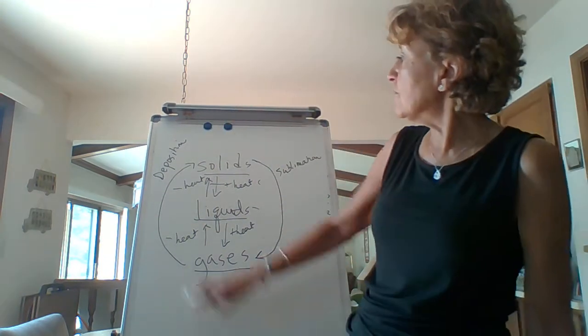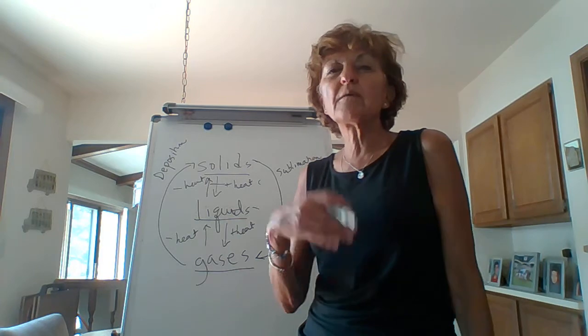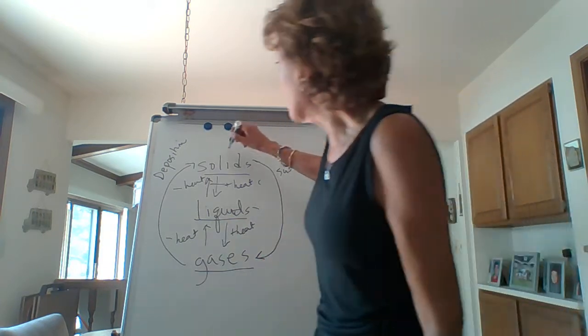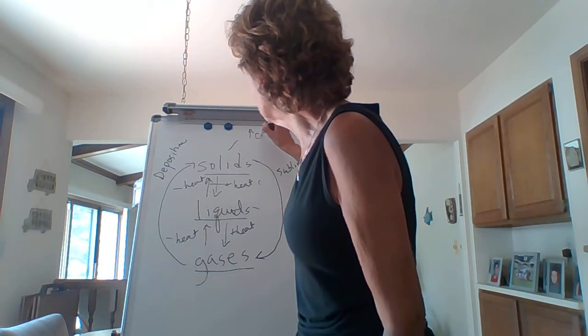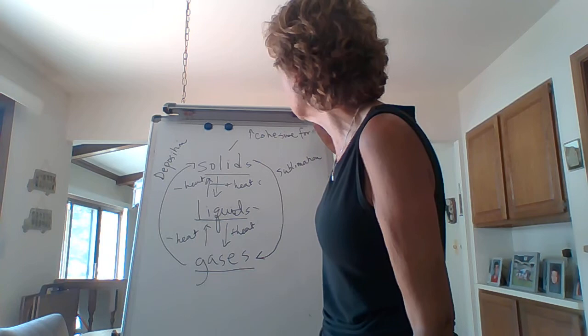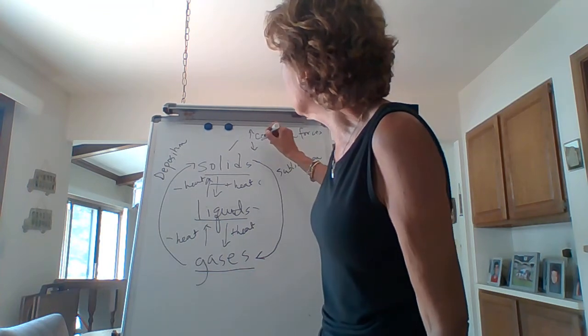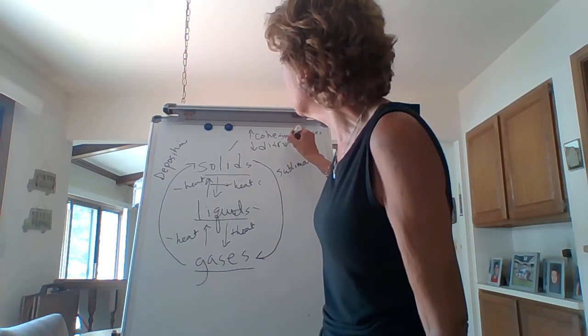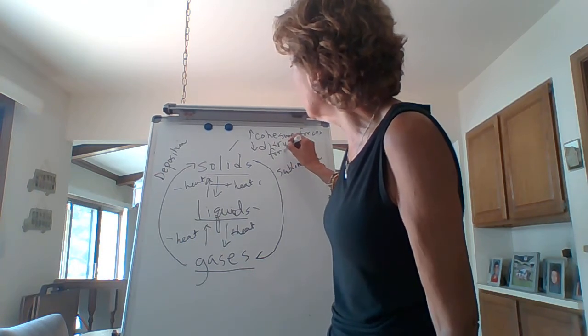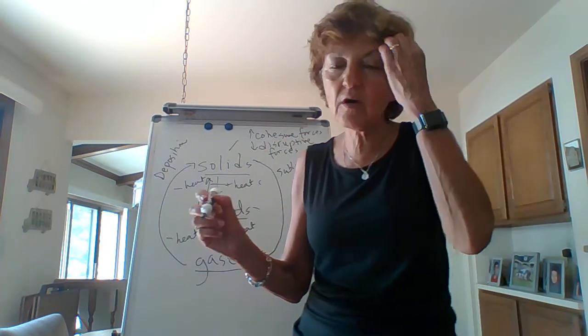And while I have all of this stuff, I think your book mentioned this a little bit, so I'm just going to mention it right now. Solids have a lot of cohesive forces and very little disruptive forces. This is in case you see this when you're doing your homework, so you know the terminology.